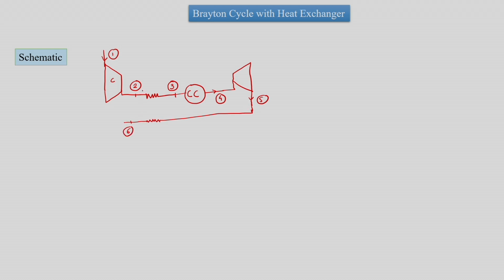This heat transfer takes place from state 5 to state 6, and this heat transfer unit is called a heat exchanger. So this is the turbine. This is the arrangement or schematic for the Brayton cycle with heat exchanger, where this is the exclusive heat exchanger we are going to see.